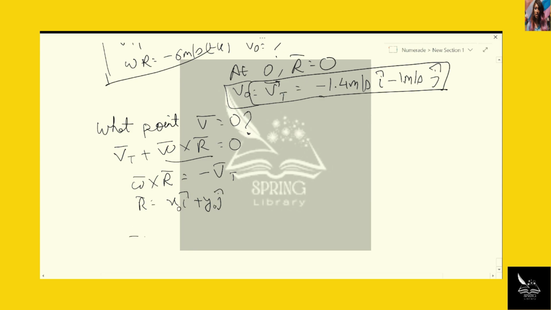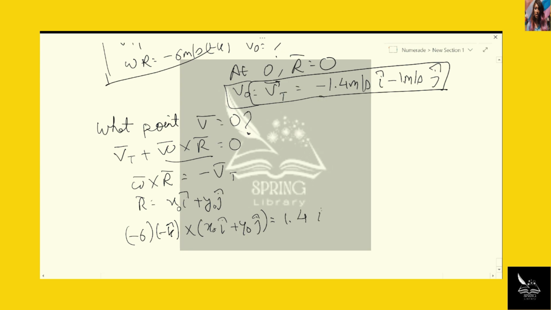So our omega is minus 6, then minus k cross x naught i plus y naught j should be equal to minus Vt, which is 1.4 i plus 1 j. Let me omit the units because everything is in meters per second.